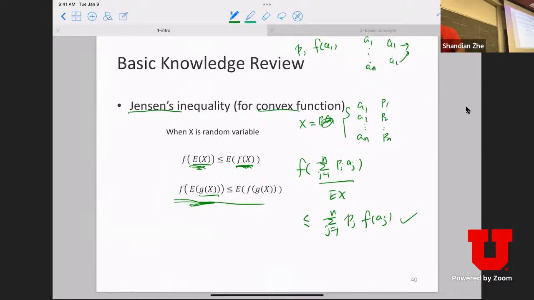But this equation is still valid, because if a1 and a2 map to the same value, their probability will be p1 plus p2. I'm summing over all possible values, so you can consider it as merging them together, and you end up with the same result. Any other question?